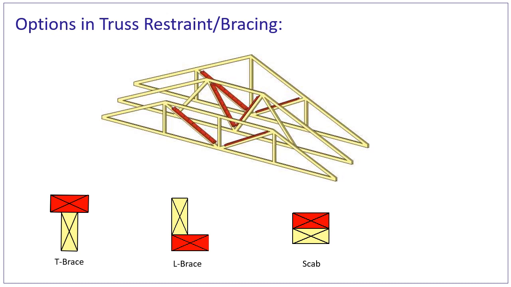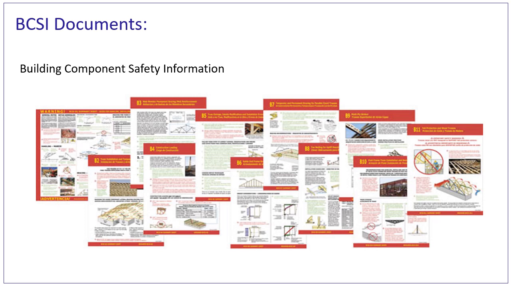If for any reason you cannot get the lateral and diagonals installed, there are several options to individually restrain the web members: T-brace, L-brace, or scab brace.